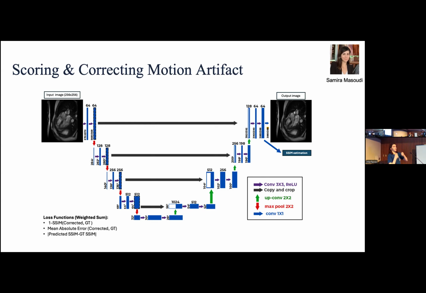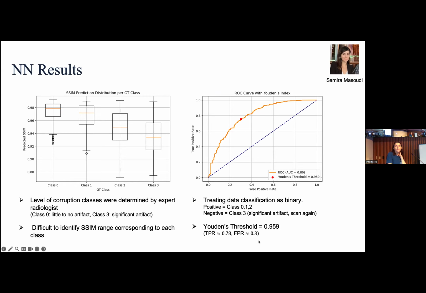We can only correct to some extent. If you remember, I showed this plot. It's basically saying that if it's still categorized as class 3, for which we gave a threshold for the SSIM, then it's still bad. So ideally, if we corrected it and it's still under that threshold, then we would say that this is probably not good enough. Now, granted, that doesn't mean that they still can't get that information.